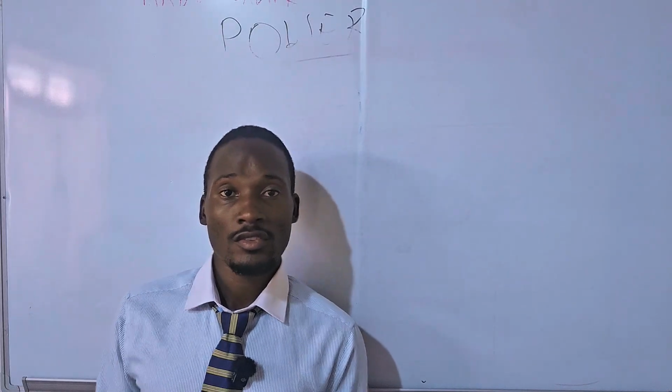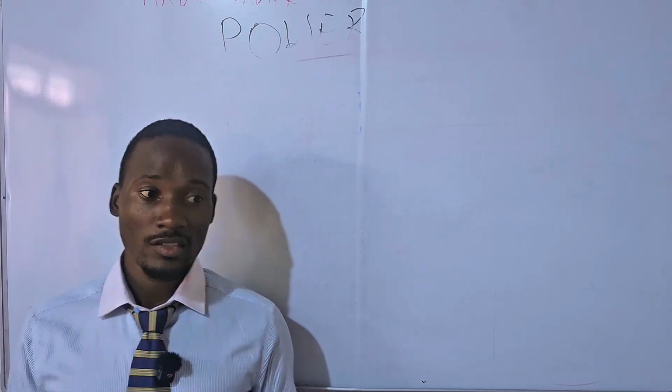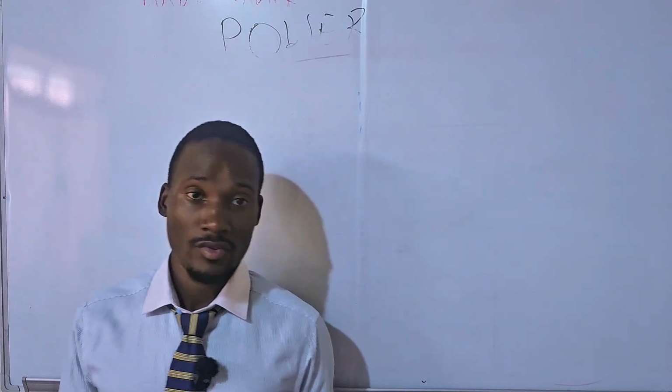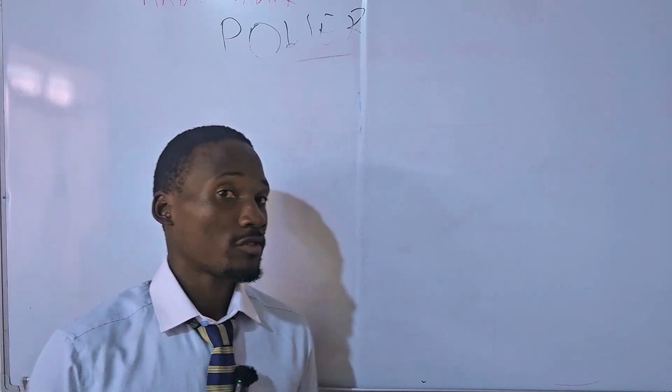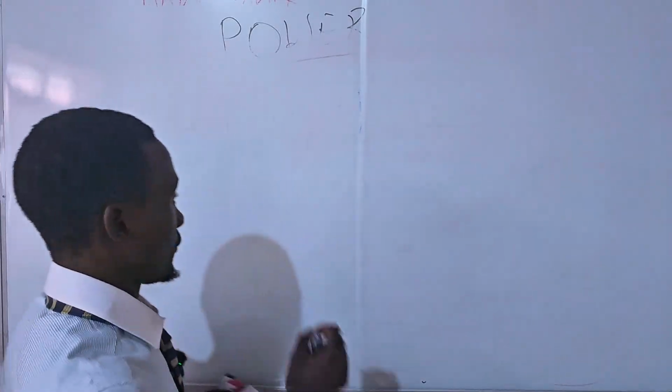From the previous video, we saw what a moment of a force is. We explained it using a long spanner scenario and the door scenario. We said that the moment of a force is the product of force and the perpendicular distance from the turning point.